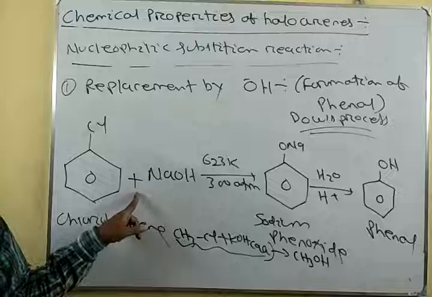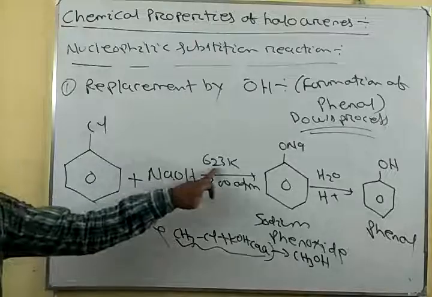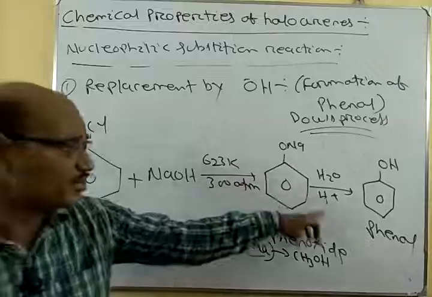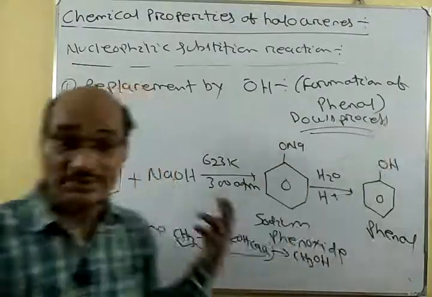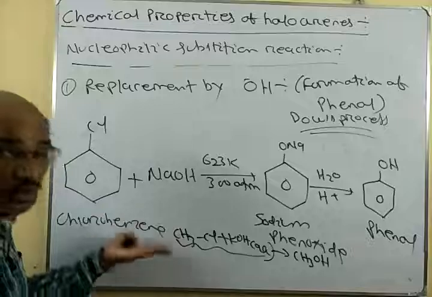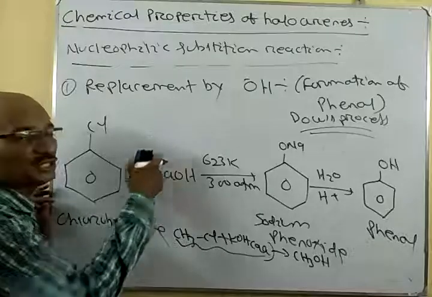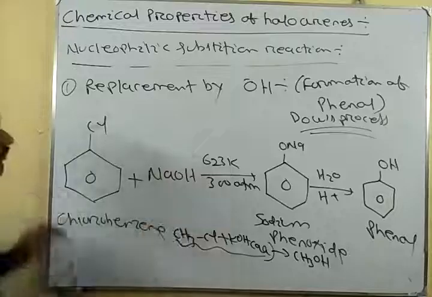Whereas in haloarene, we have taken NaOH at 623 Kelvin, 300 atmosphere pressure, then acidic conditions, and then we get phenol. This is the example of how haloarenes are less reactive towards nucleophilic substitution reactions.